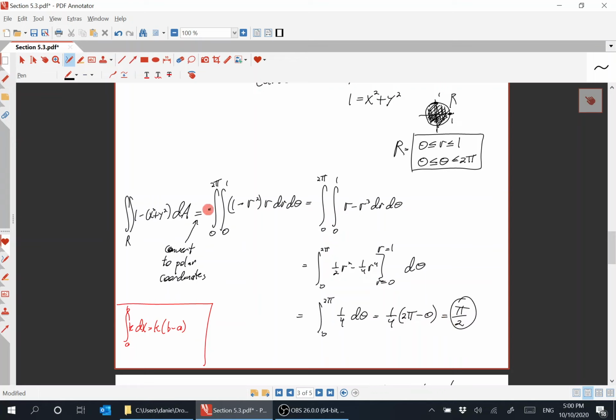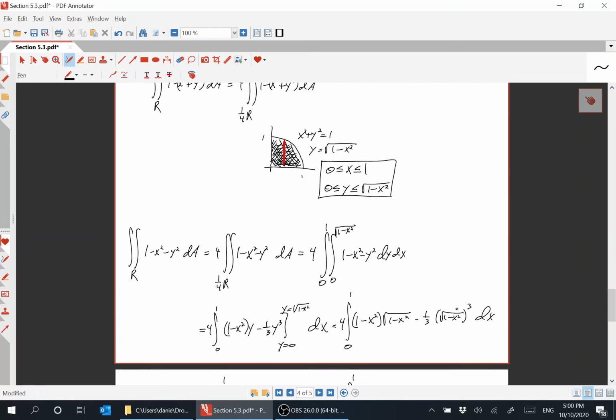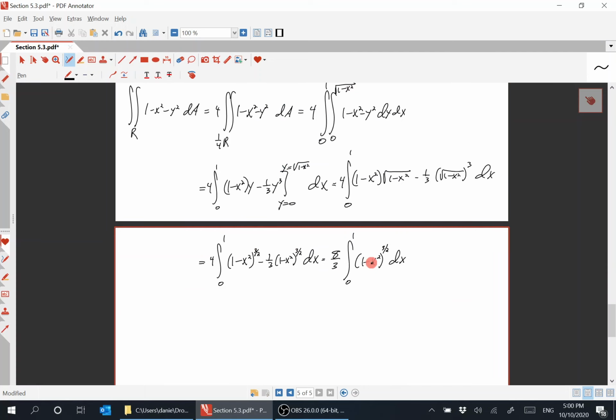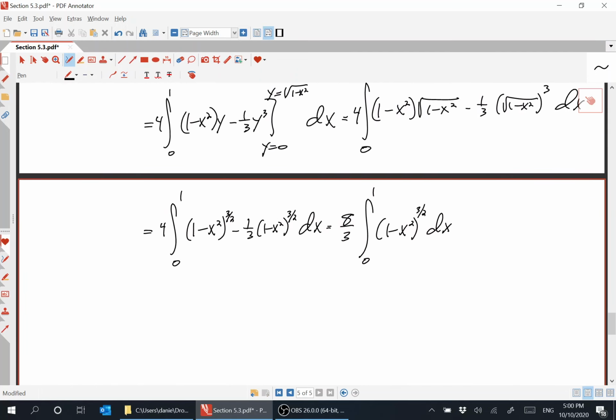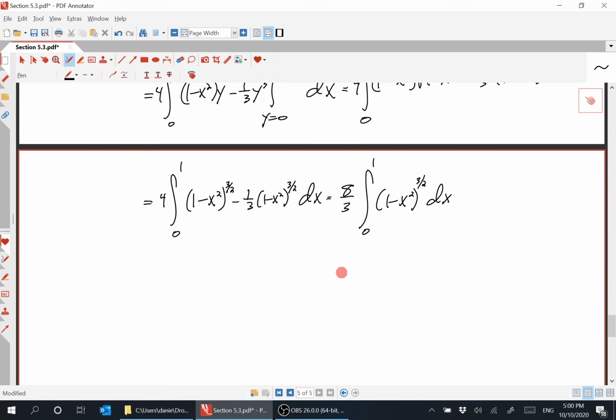Calculating this integral, which was pi over 2, just took a few steps in polar coordinates. Now that we switched to rectangular coordinates, we've boiled it down to this, which needs a trigonometric substitution, which takes a little bit of doing.